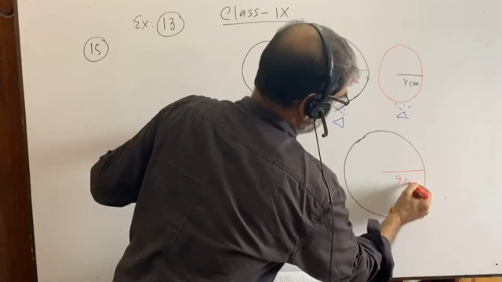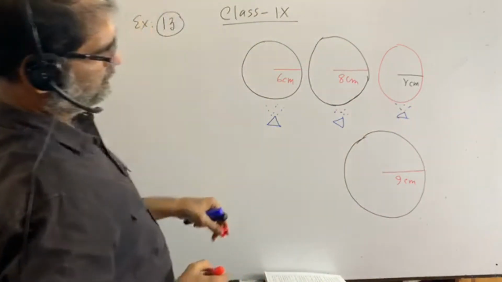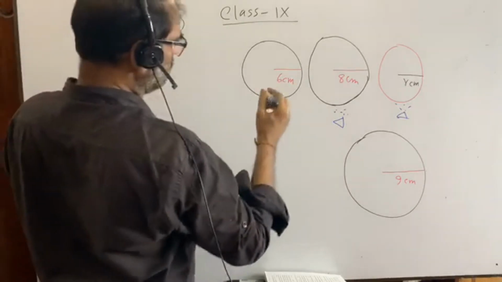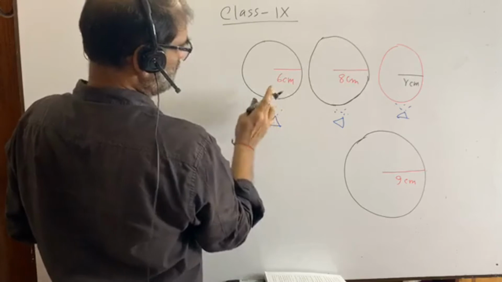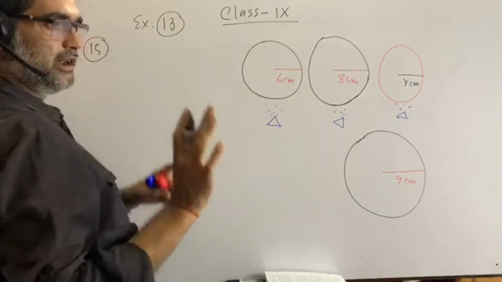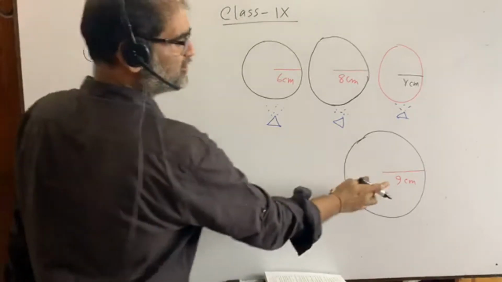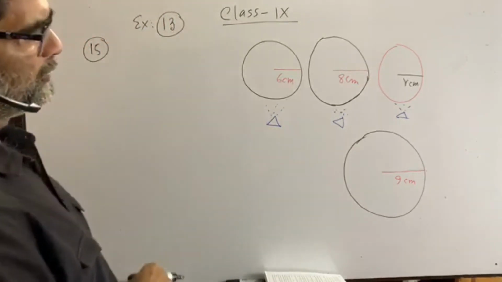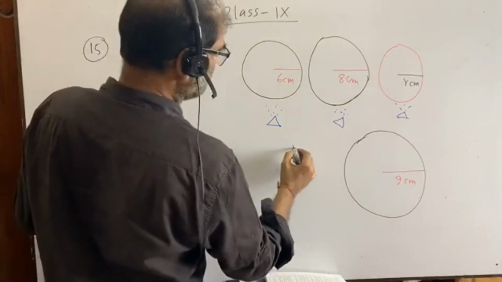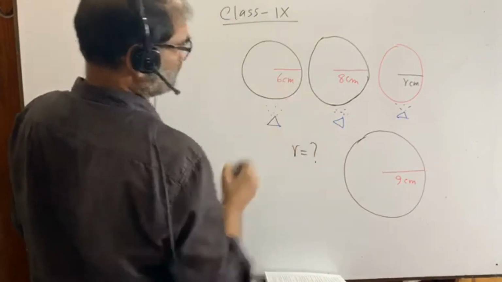That means the volume of this ball and this ball and this ball is equal to the volume of this ball. Here we have to find the value of r. The question is r equals what?